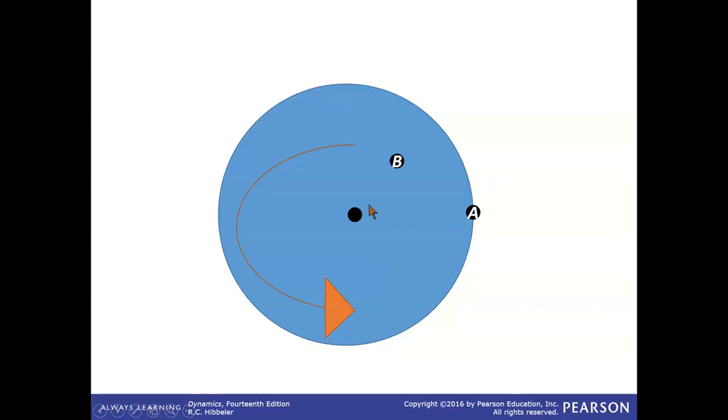How about the velocity vectors for points A and B? Do they have the same velocity? Think about it. The velocity of A depends on the angular velocity omega and the magnitude of the position vector from the center of rotation. For A, the position vector is from the center of rotation to point A, which is RA. For B, the position vector is from the center of rotation to point B, which is RB. Both points have the same angular velocity but different linear velocity.